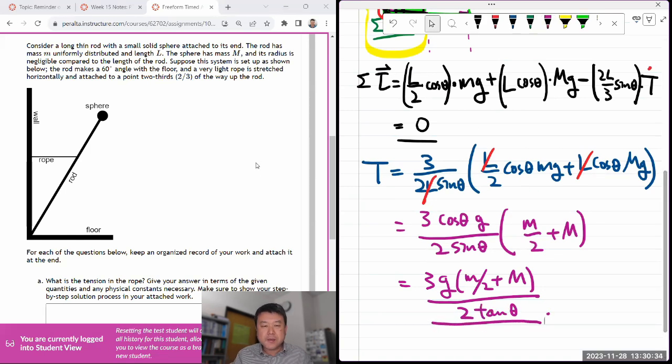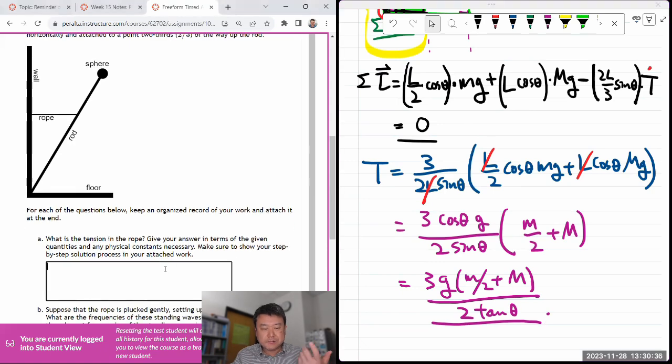Interesting. So tension is equal to 3 times g times (m over 2 plus M) divided by 2 times tangent theta. As theta goes to 0, T goes to infinity, I guess that makes sense.